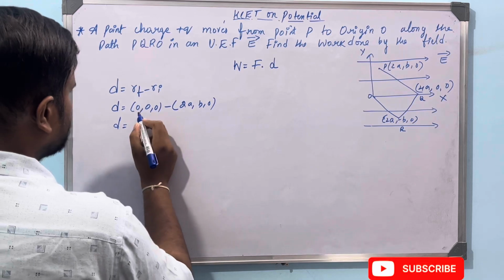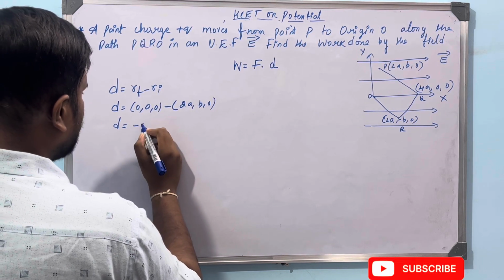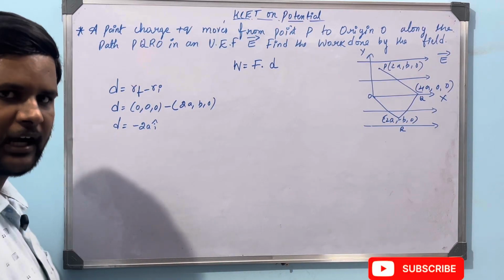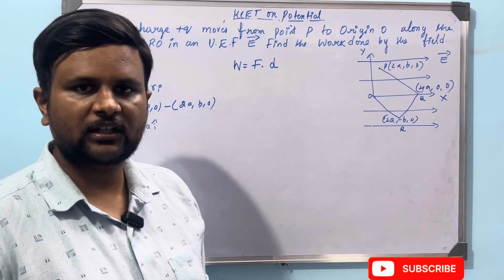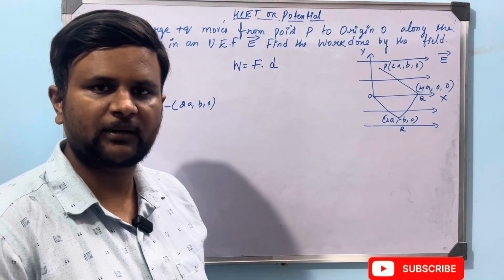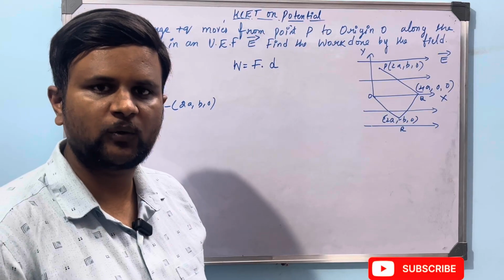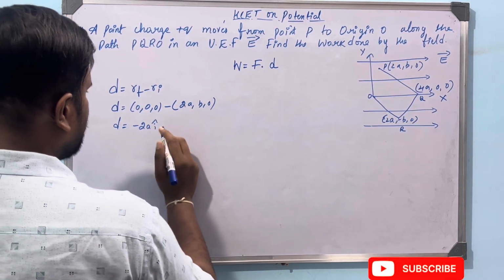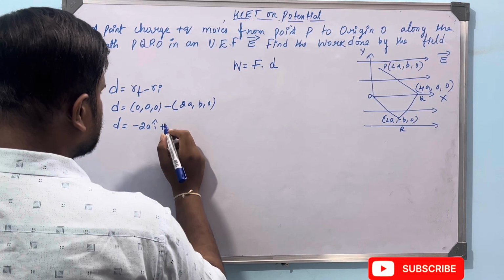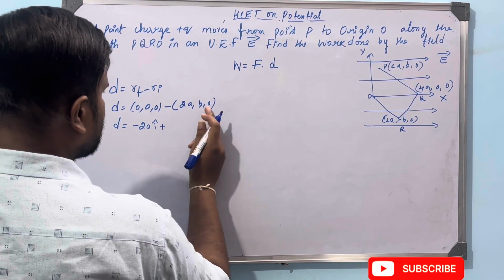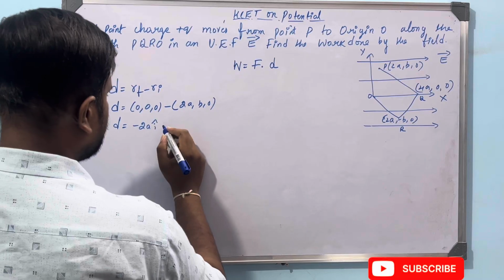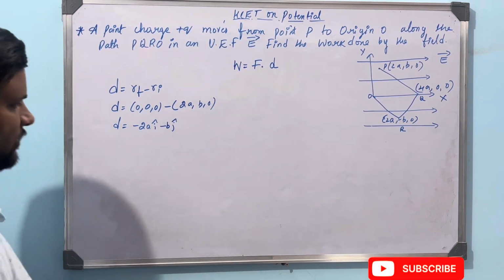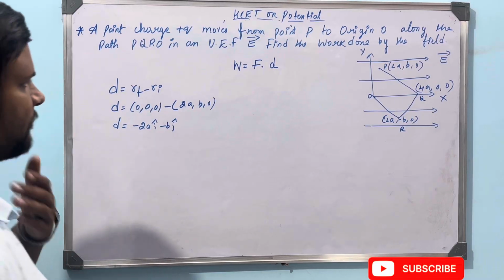So D becomes 0 minus 2a, that is minus 2a into i cap. i corresponds to the x axis, j corresponds to the y axis, and k corresponds to the z axis. So 0 minus 2a into i cap plus 0 minus b, that is minus b into j cap, and 0 minus 0 means 0 only. So this is the displacement value.